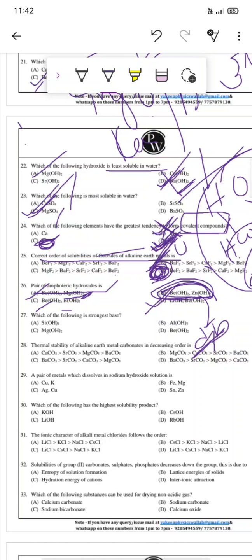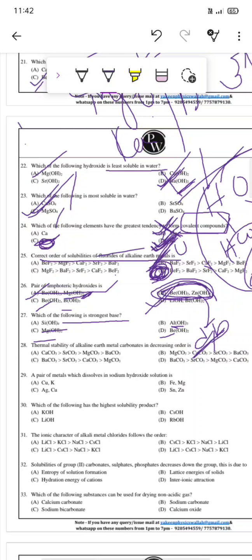Which of the following is the strongest base? So this is D block and this is S block. Strongest base means the higher the size, the stronger the base.